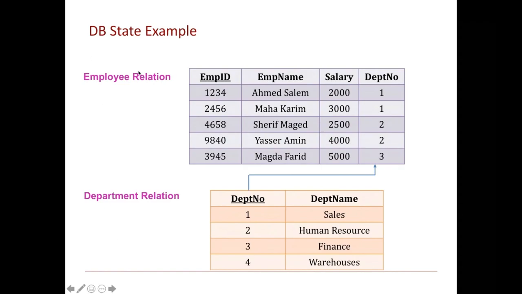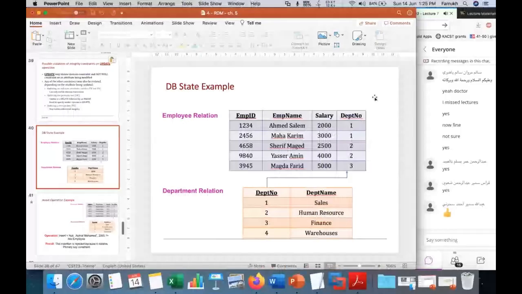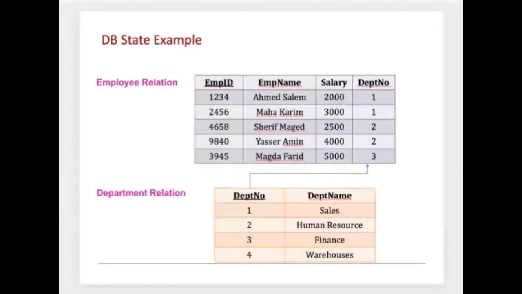These are two relations. What is the other name of a relation? Can anybody remind me? This is the relation employee, and the second one is the relation department. In employee, we have employee ID, employee name, salary, and department number. In the relation department, there are two attributes: department number and department name.